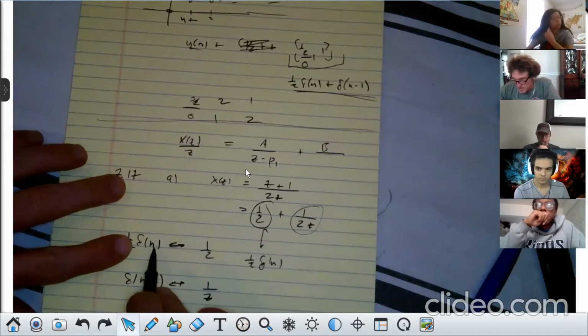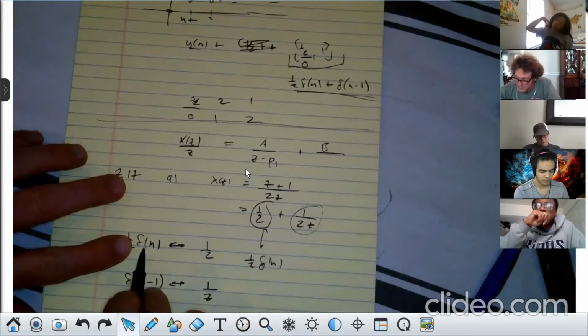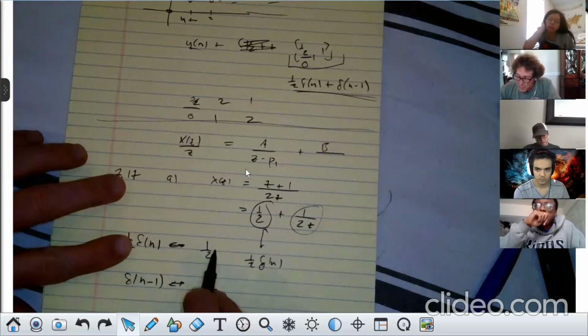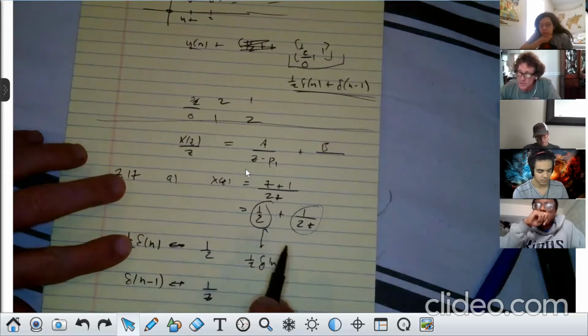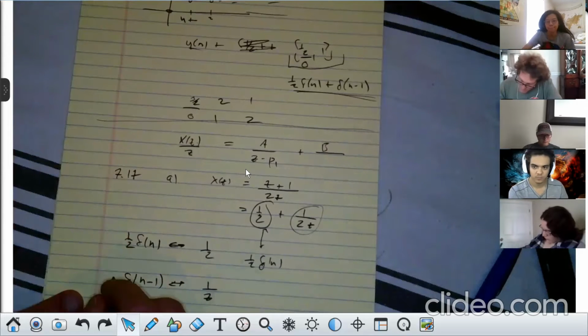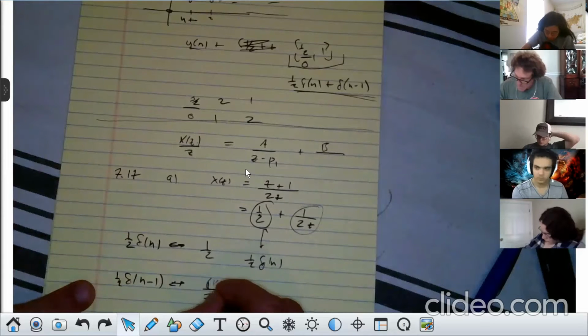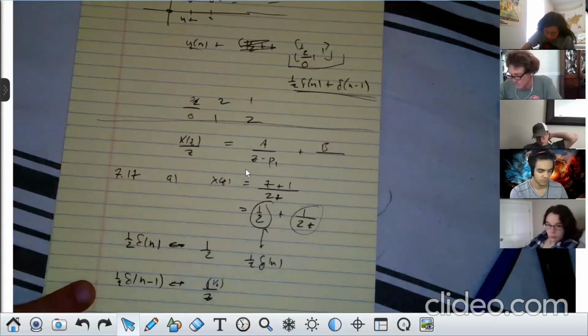Therefore, delta of n minus 1 would be z to the -1, right? Delta of n minus 2 would be 1 over z squared, correct, class? All right, now I know that. What if there's a 1/2 on top, 1 over 2z? Agreed? 1/2 over z.